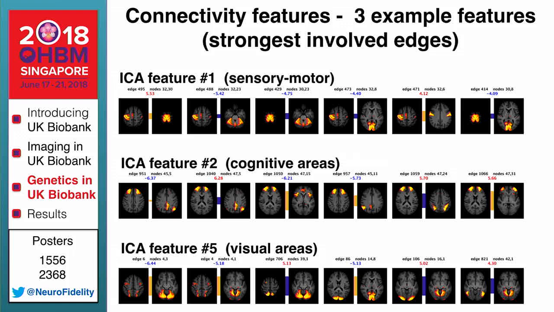For example, for the first independent component, all these edges belong to the sensory motor area of the brain. For the second feature, the 6 most strongly involved edges belong to the cognitive areas, and for the last feature, to visual areas. That's an interesting result.